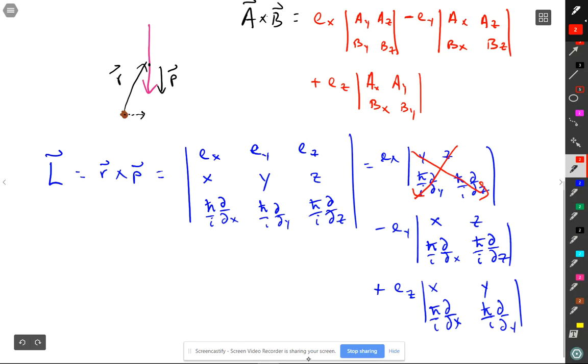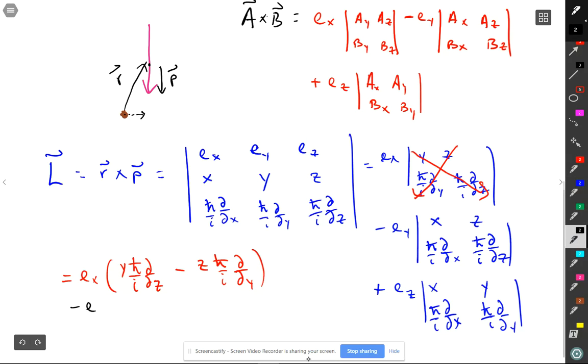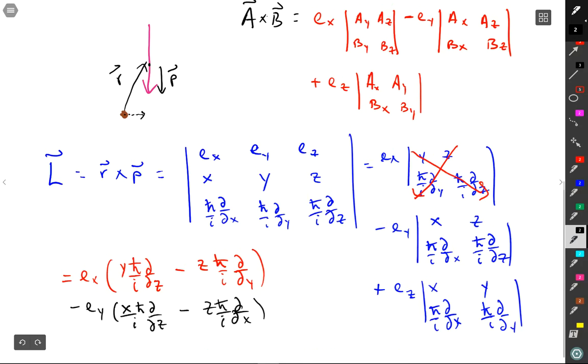The z is going to come before the h bar over i d dy. And if I hide that, I can do the last one, I think.